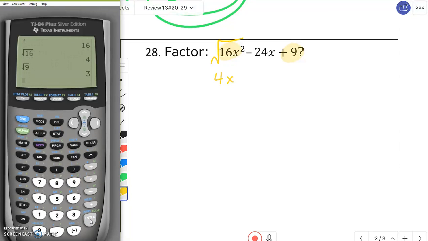Yes, I've got it. Now, this is not difference of squares because it's got the middle term. This one is perfect square trinomial. And on my formula card, it wants a squared, we've got a squared, plus or minus 2ab plus b squared. We've got b squared. So check, check, because those are both perfect squares.